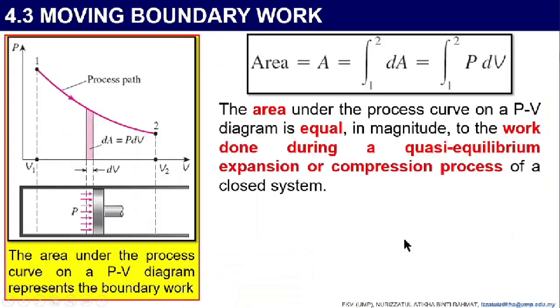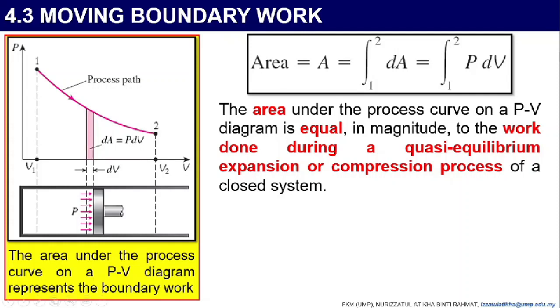In chapter 3, I believe, we already learned about pure substances, where we learned how to draw a diagram like this, a pressure-volume diagram, and we have process path 1 to process path 2. We want to know the total moving boundary work of this process from state 1 to state 2. So how do we get the total moving boundary work?